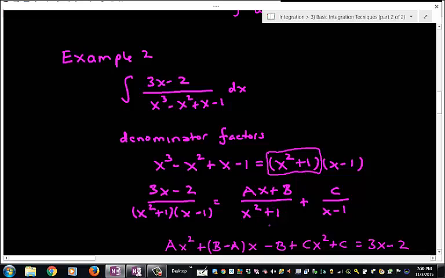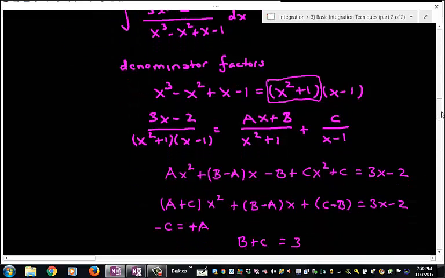So when we have an irreducible factor, we remember that we always need a polynomial of 1 degree less than the irreducible polynomial. And anyhow, I set up the system of equations and I go ahead and solve it, and I'll let you do this as an exercise, but you'll find out in the end that when I basically put everything over a common denominator on the right hand side, I get this equation right here.